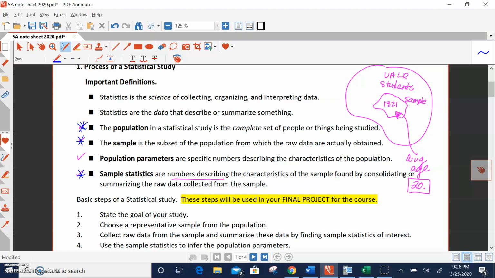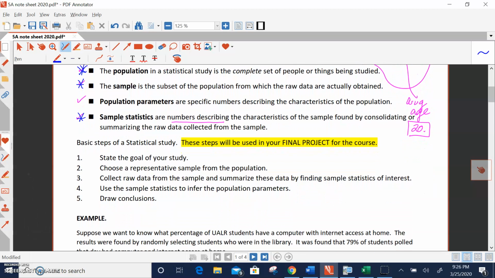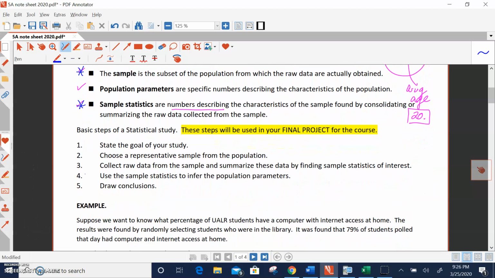Now, the basic steps of a statistical study are important because you are going to use these exact same steps when you complete your final project. So these steps are important. And you'll see when I hand out, or actually email you, your project, I will have these particular things that you'll need to do on your project. You'll need to state the goal of a study. So you're going to actually complete a study.